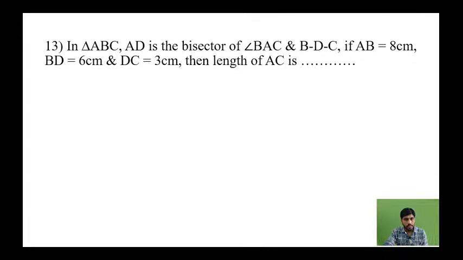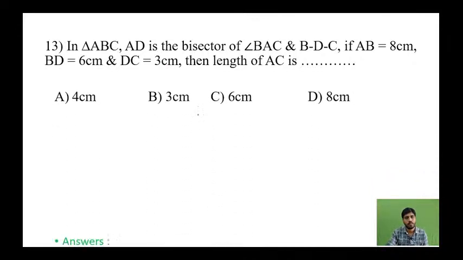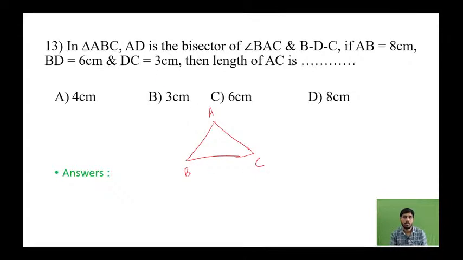In triangle ABC, AD is a bisector of angle BAC. So suppose there is a triangle A, B, C, where AD is a bisector of angle BAC.